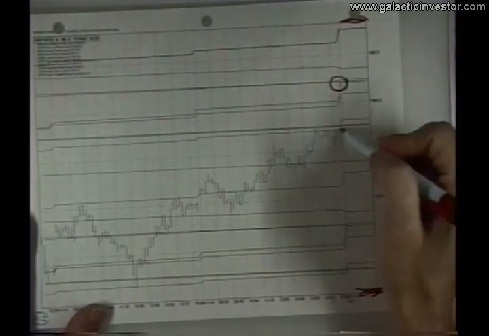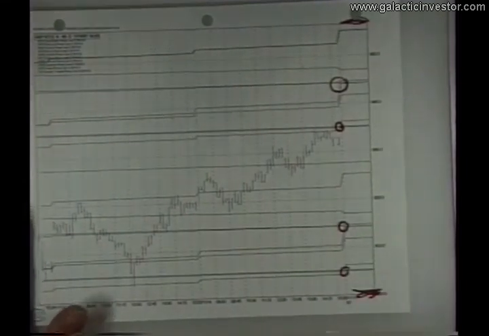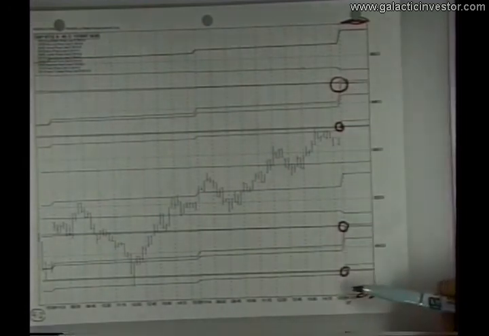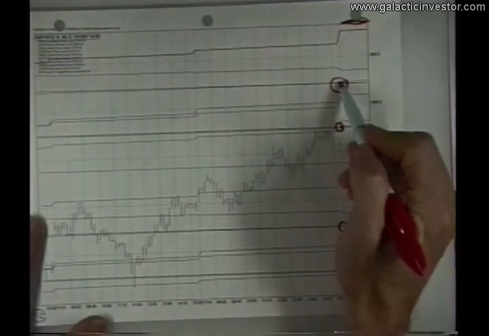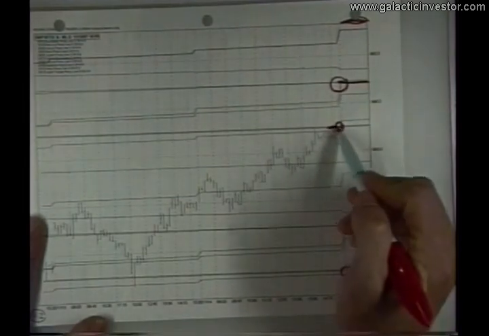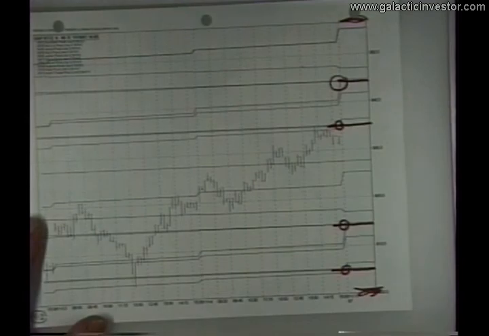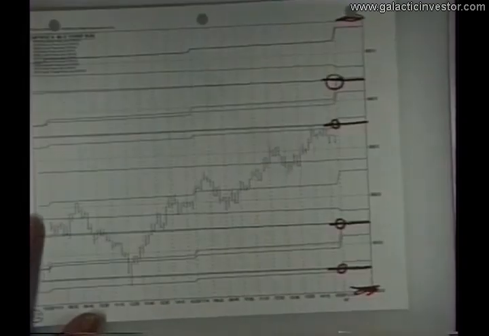Okay, we've got one there, we've got one here, we've got one down here, and we've got one down here. This is my 12th harmonic system, 30-degree lines. And what I've got is 4 aspects within this price range at multiples of 30 degrees. So I go in and I use my drawing tools and I mark those points. Okay? And I might print the chart out and I might make notes about what those points are.